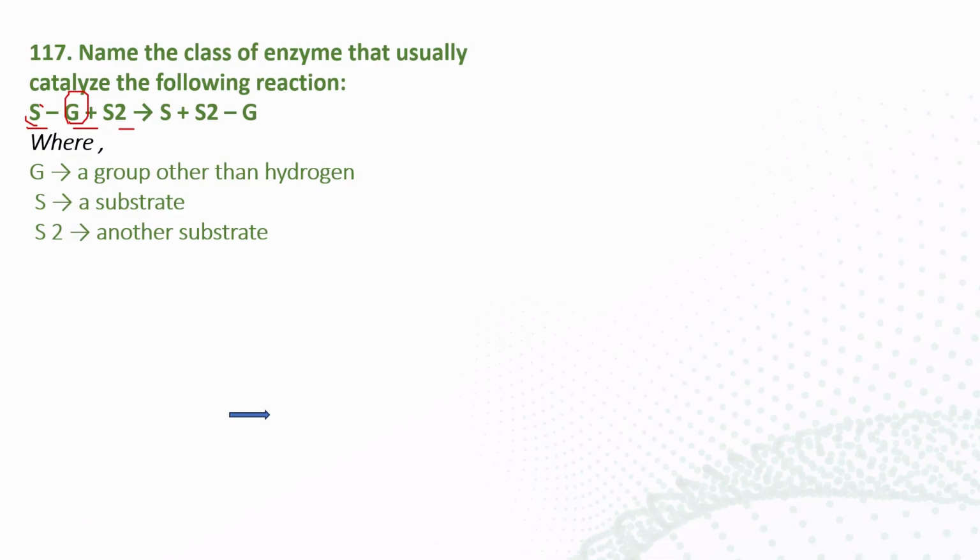In this reaction, they are saying that this functional group is other than hydrogen. So when this substrate containing the functional group reacts with the second substrate, S2, what happens in the chemical reaction is that this functional group is transferred to the second substrate and it forms a complex with the second substrate, leaving the first substrate.